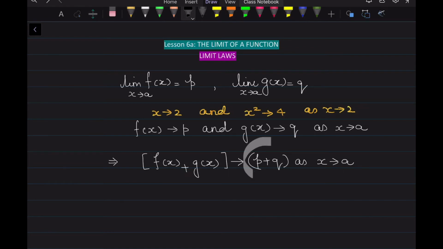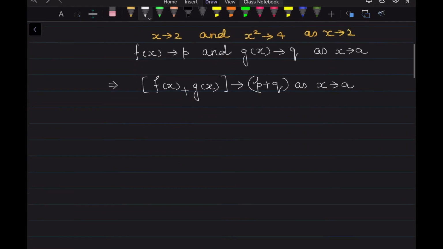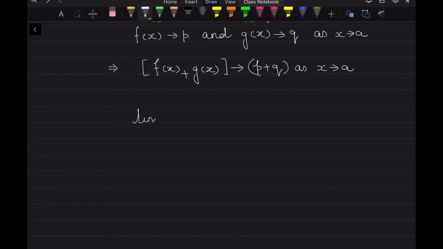It means that this p plus q is the limit of f plus g as x approaches a. So we can write this result as the limit of f(x) plus g(x) as x approaches a is equal to the number p plus q.